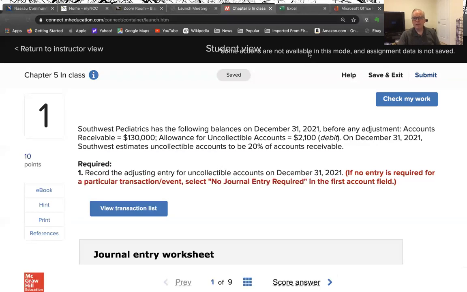All right, because look at this as really being two questions you're being asked to answer here, right? One question is, what are the accounts that I'm going to debit and credit? And that's pretty easy because in this chapter, there are only maybe three or four transactions that involve accounts receivable.